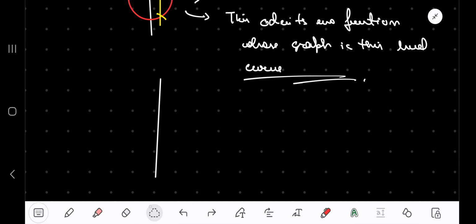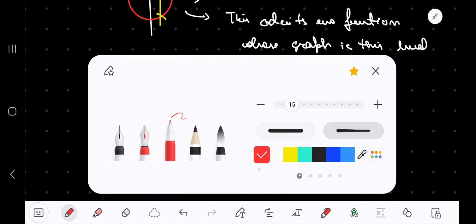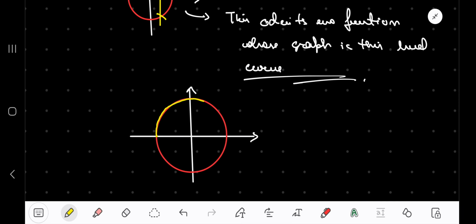Now observe that if I don't consider all of the circle, but I consider only the semicircle, let us say, only this part, then you will see that it actually satisfies the vertical line test, because if you consider only this part, then choosing a point x here and drawing a vertical line, you will see that it intersects it only at one point, a single point.